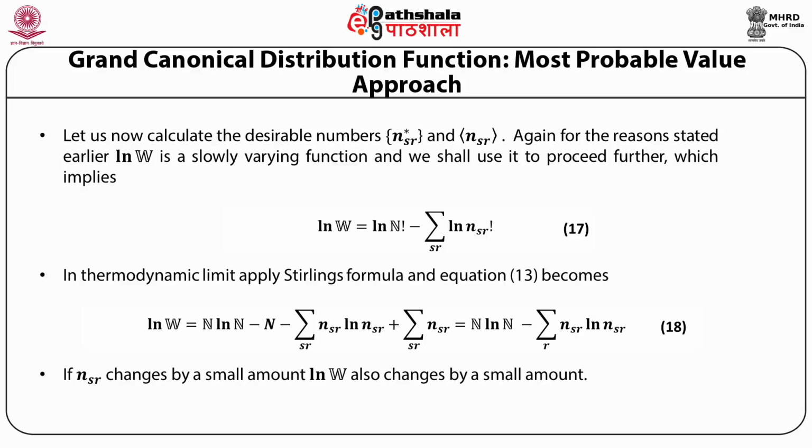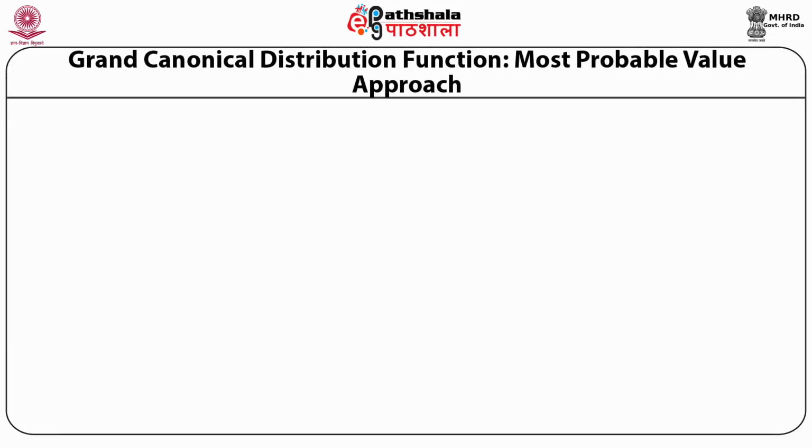If n_sr changes by a small amount, log of W also changes by a small amount. Therefore, the small change delta of log of W is equal to summation over s, r of log of n_sr plus 1 multiplied by delta n_sr.